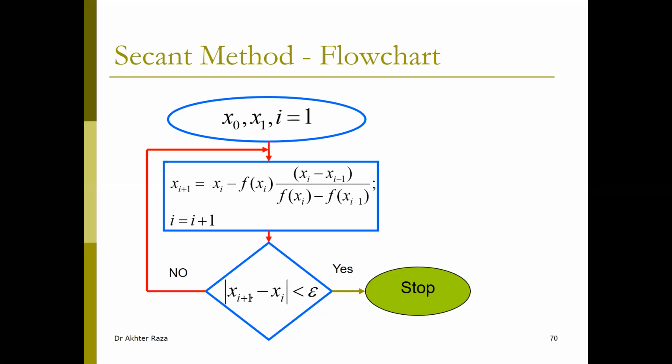Error is computed. If the error is smaller than the specified number, then you have to stop. Or if the error is larger than the specified number, we go to the next step and a new iteration is computed. In the same way, you continue until the error is smaller than epsilon, and then you stop.